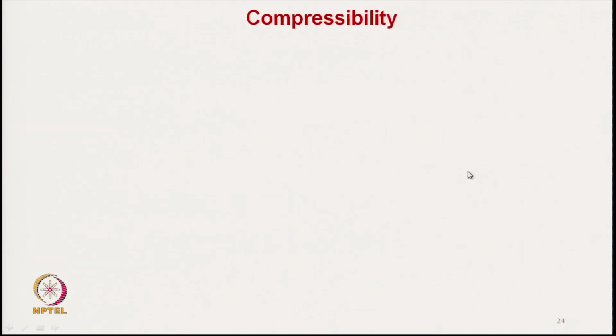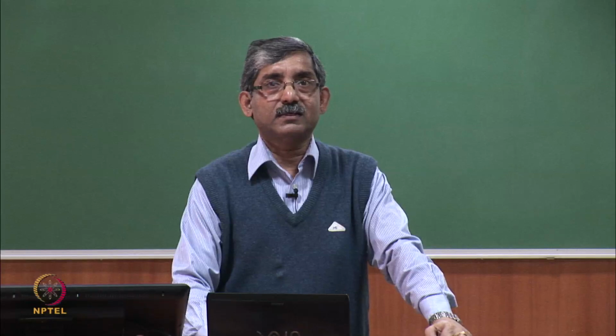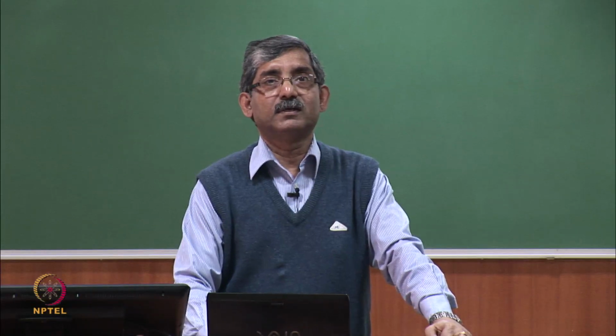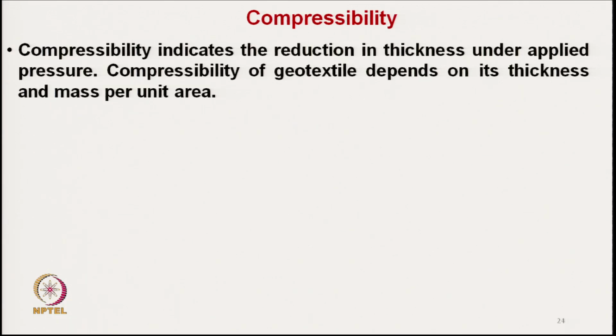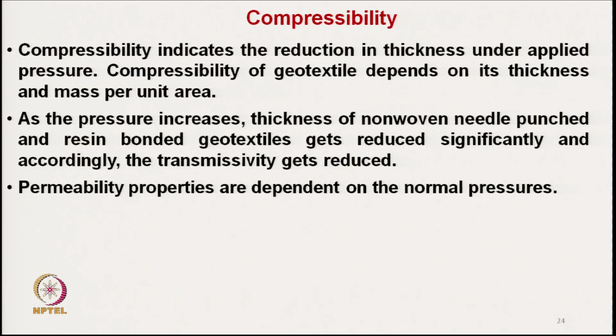Now, coming to another characteristic, compressibility, which is very important for geotextile drainage and filtration applications. It indicates the reduction in thickness under pressure. As we have discussed earlier, for non-woven, particularly needle punched non-woven, the compressibility is very high.